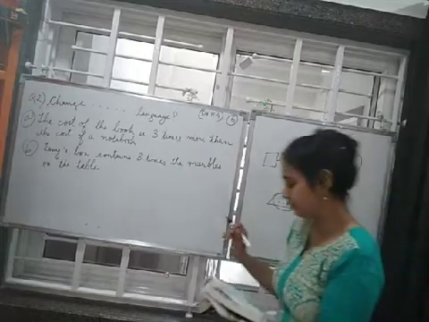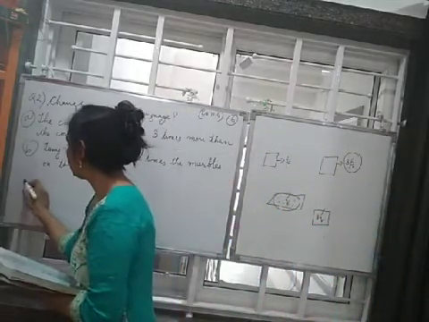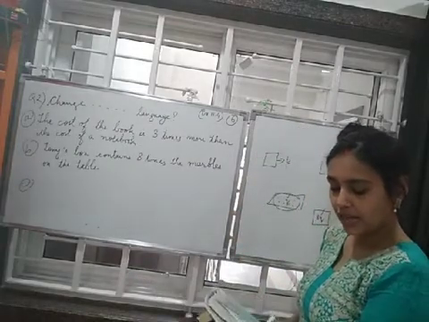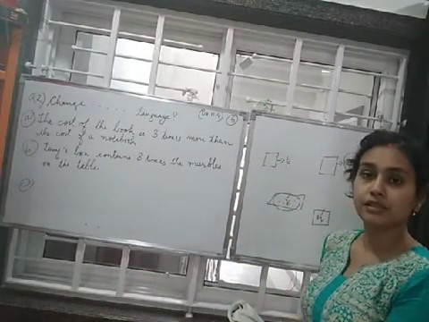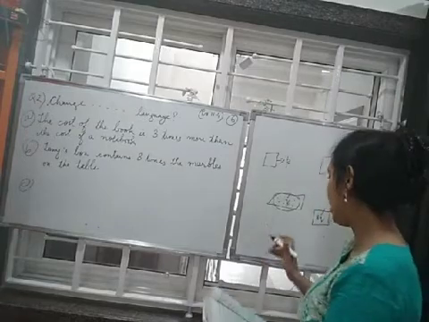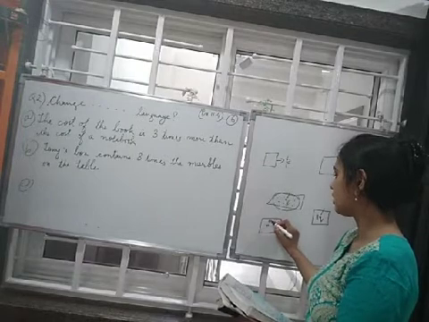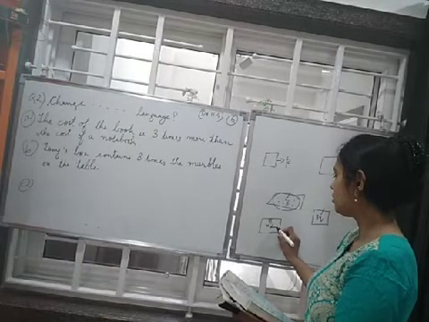Then C. Our class has n students. Our class is having how many students? n students. Class 6 is having n students.